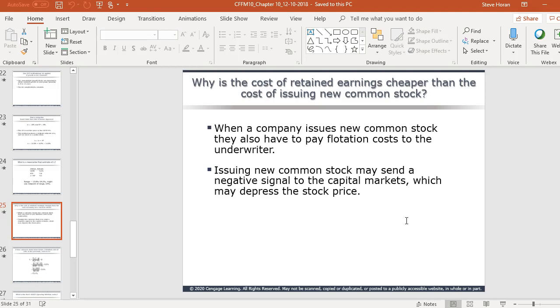And also keep in mind that to some degree, stock price is based on supply and demand. So if I issue more shares of stock and there really isn't extra demand for those shares of stock, my stock price comes down. Okay, so there's a supply and demand component to issuing new stock also.